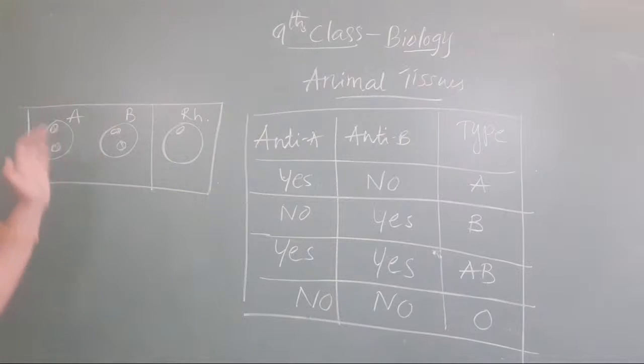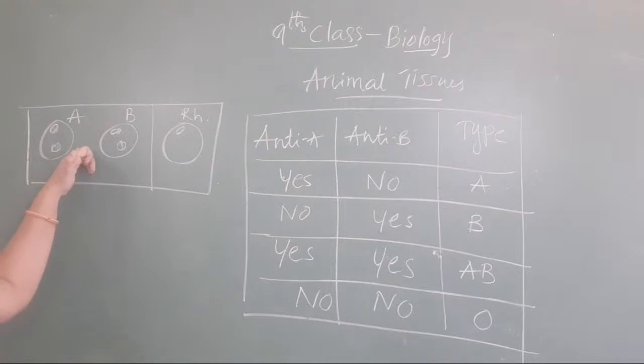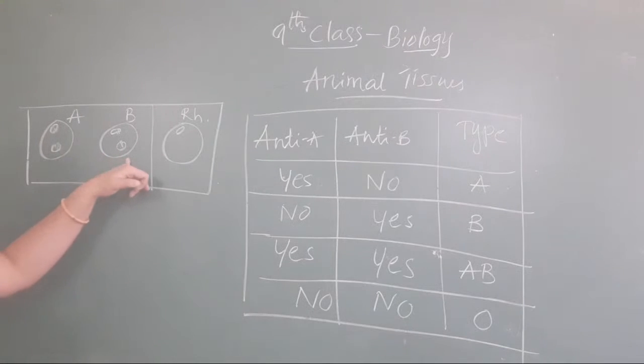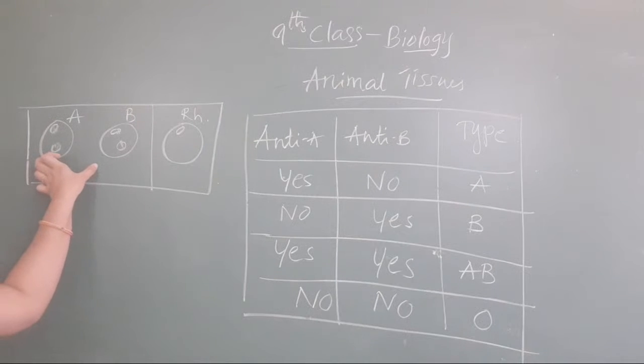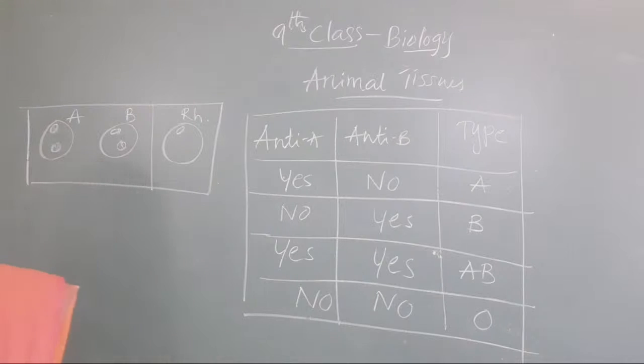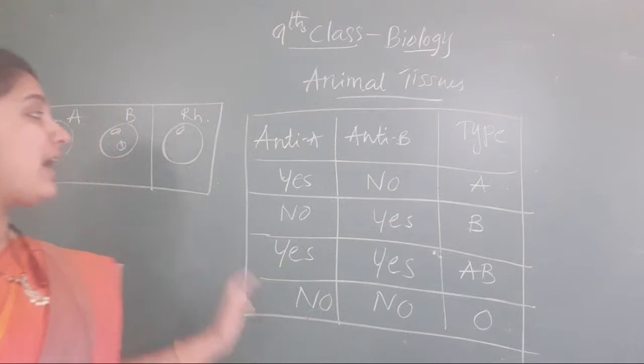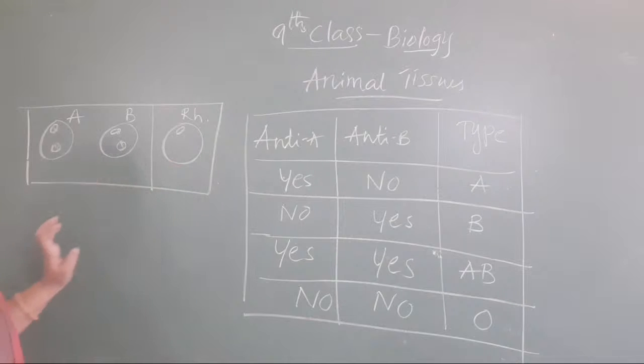Simply I can say: if you notice clumps only in A, it is A group. If you notice clumps only in B, it is B group. If you notice clumps in both A and B, it is AB. If you notice no clumps in both A and B, it is O blood group. Next, what is the use of RH?